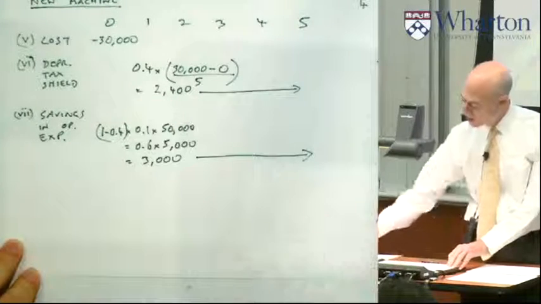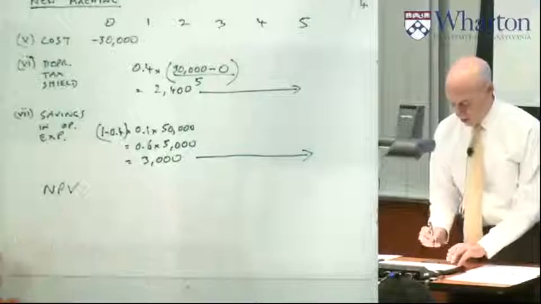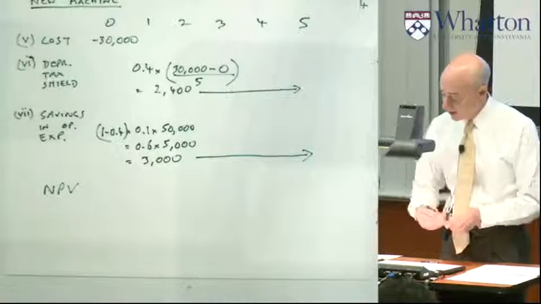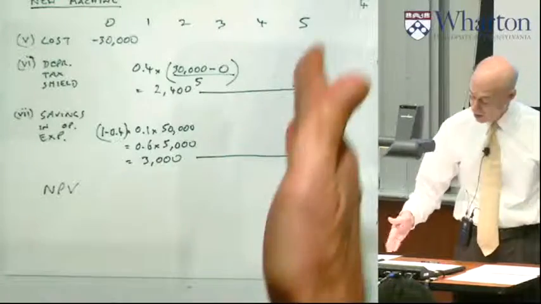So now we've got our marginal cash flows, and what we need to figure out is, do they have a positive NPV or negative NPV? There are 2 ways we can do it. We can either do it horizontally, or we can do it vertically in some columns.